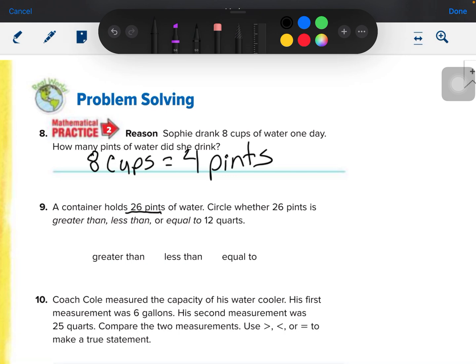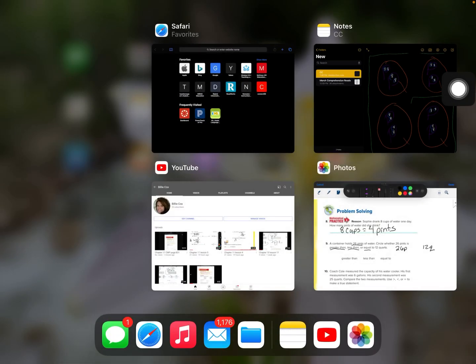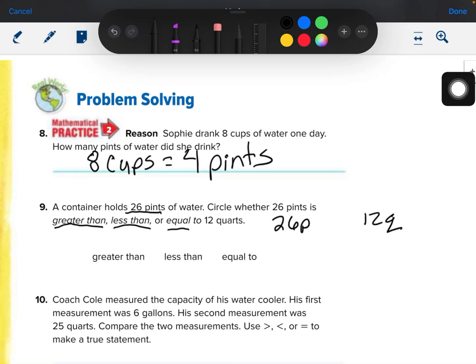A container holds 26 pints of water. Circle whether 26 pints is greater than, less than, or equal to 12 quarts. So we have 26 pints and 12 quarts. Well, let's look and see. Each quart has 2 pints in it. So every quart has 2 pints.